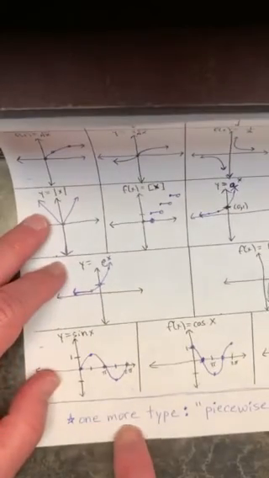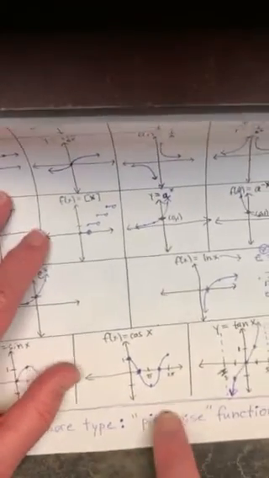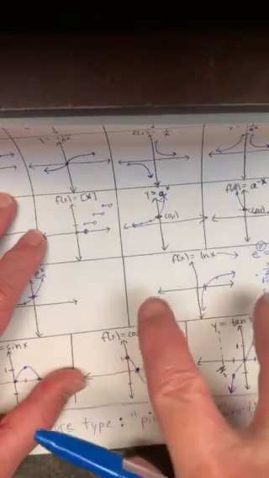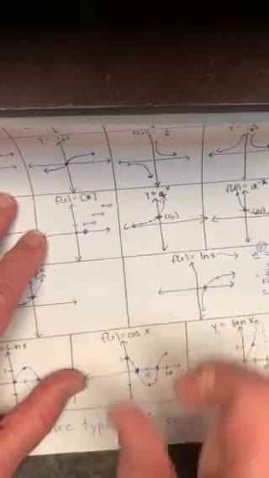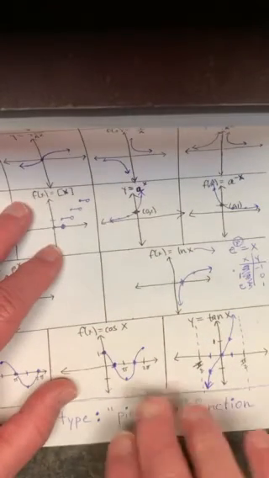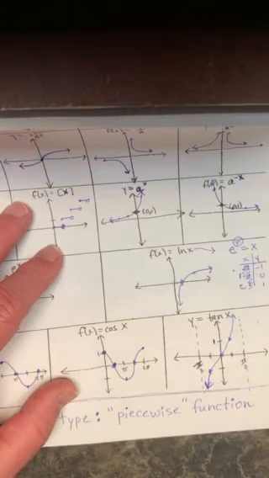Now, there is a note at the bottom. There is one more type of function called a piecewise function, and it consists of any number of pieces of all these kinds combined, and that'll be the last topic of the year that we end the year with at the end of next week, okay?